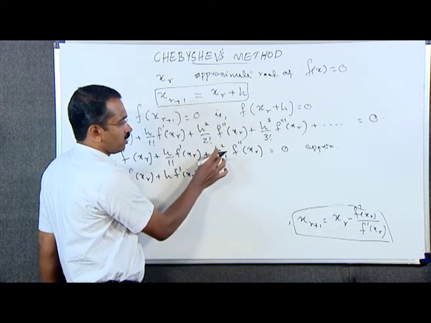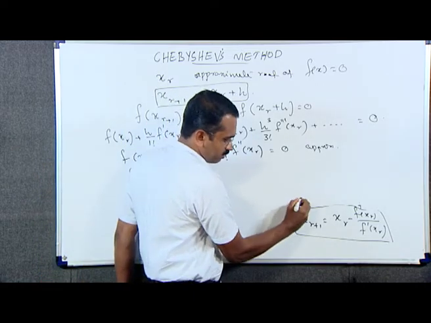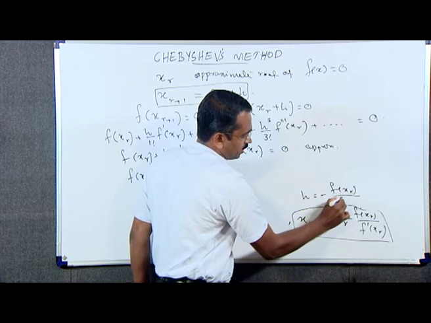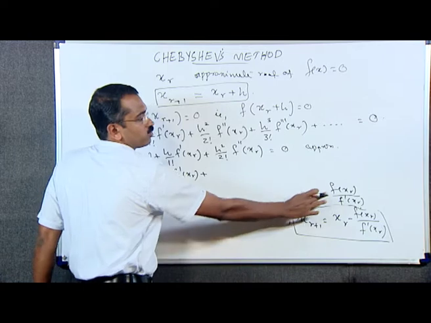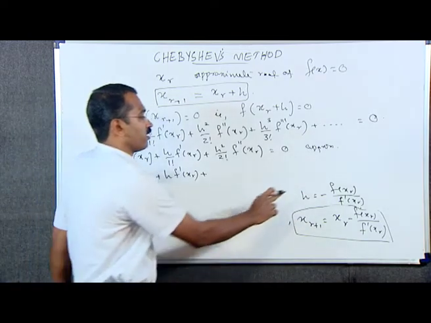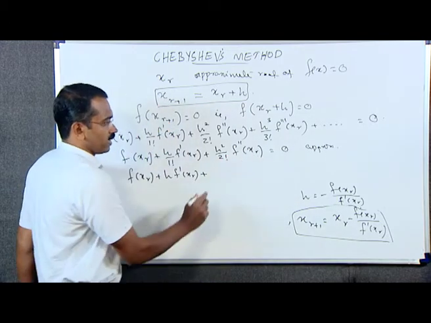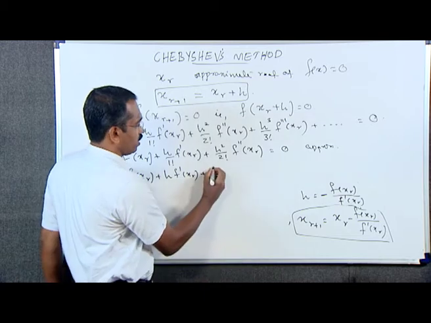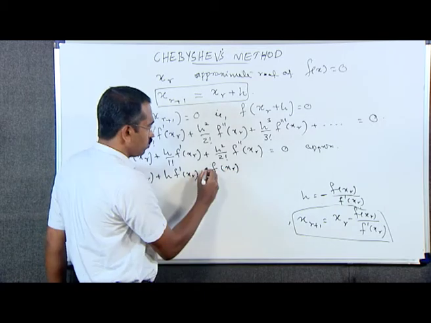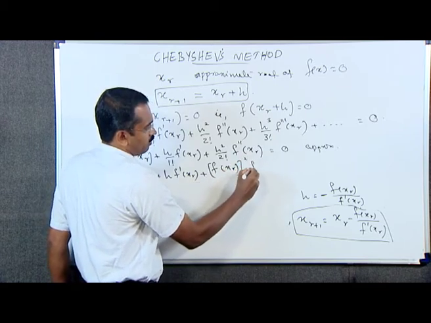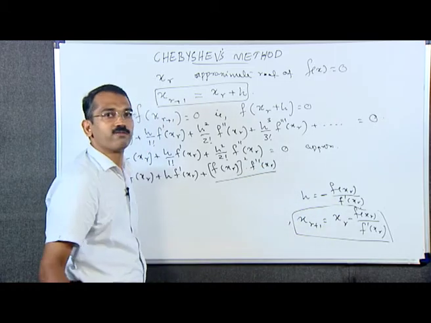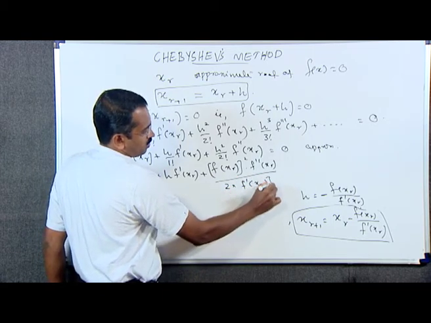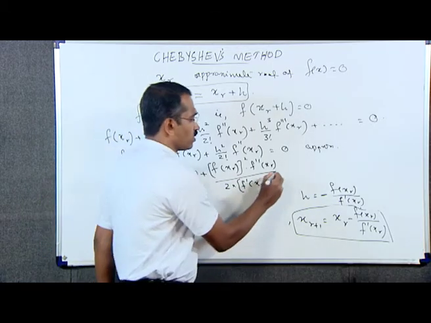We will substitute the value of h as obtained in the previous step, h = -f(x_r)/f'(x_r). In the h² term, the negative squared becomes positive, giving [f(x_r)]² f''(x_r) divided by 2 [f'(x_r)]², which is equal to 0.